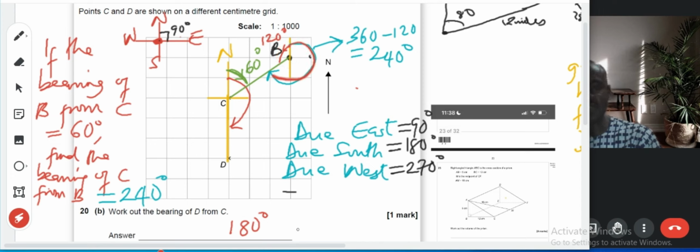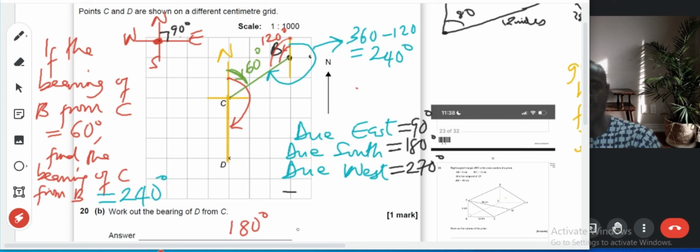Now, how do we get this angle? From our previous discussion, we have shown that if this is 60, here has to be 120, because they are angles on the same side of the transversal, and they add up to 180.